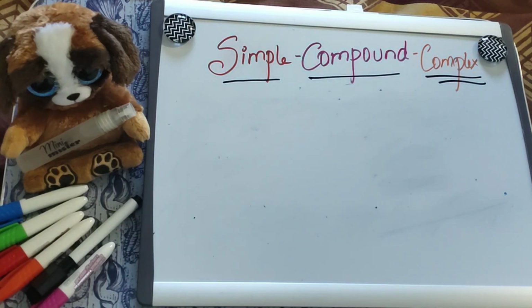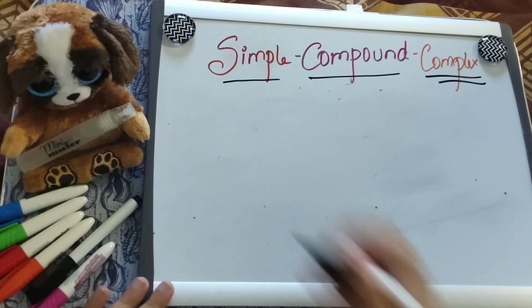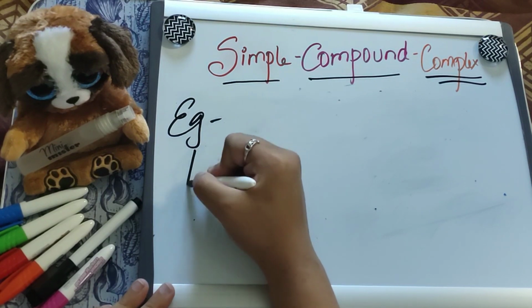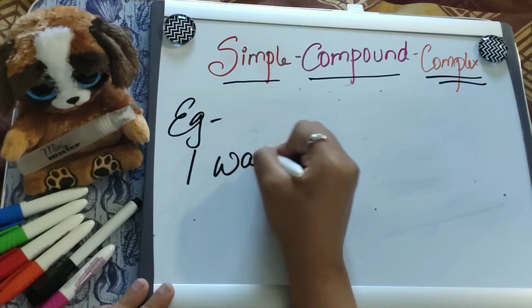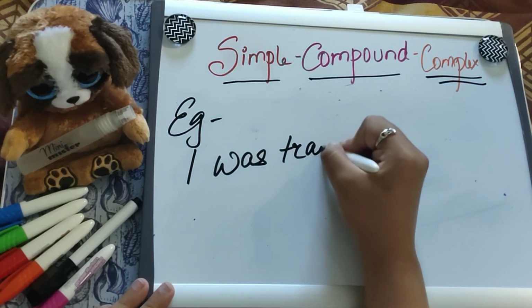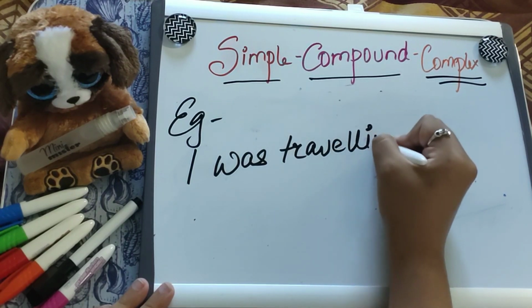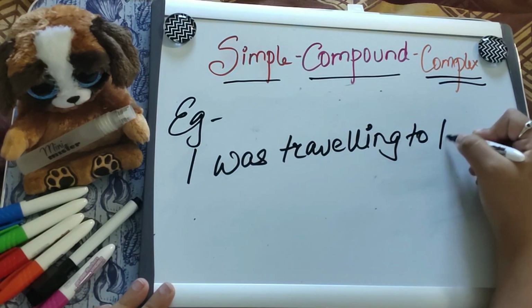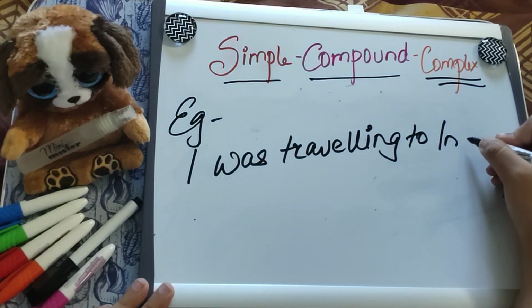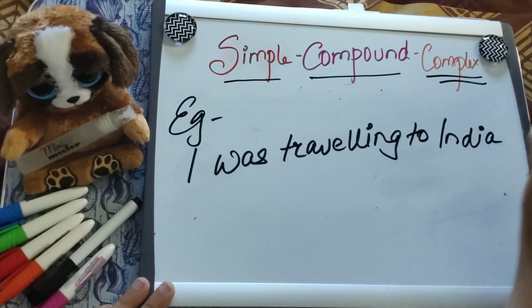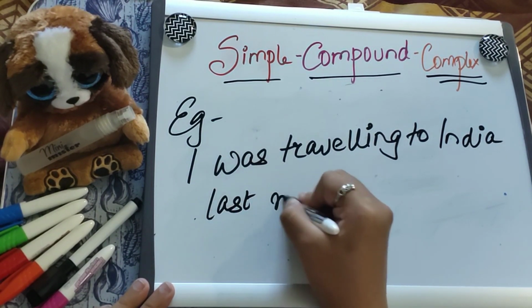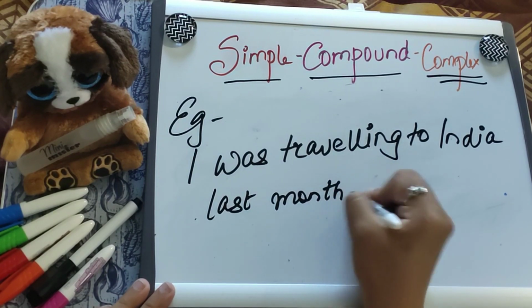Examples for independent clause can be, let me put it this way: I was traveling to, you can put any country that you want, I will put India, I was traveling to India last month.